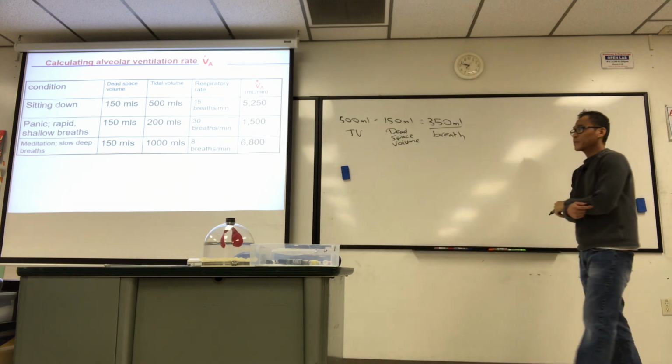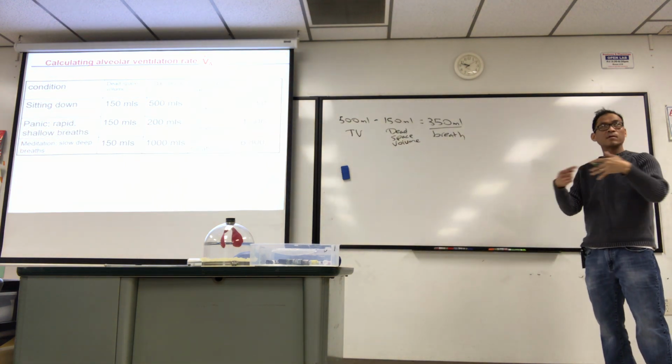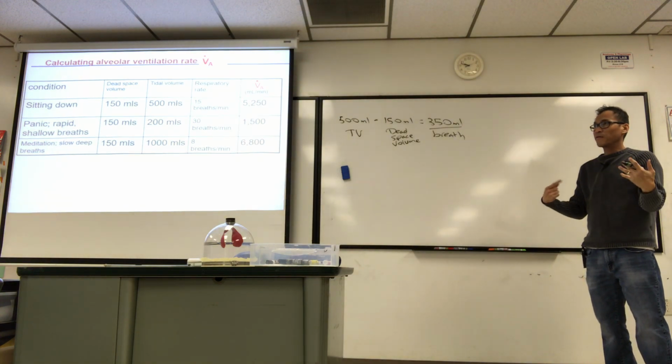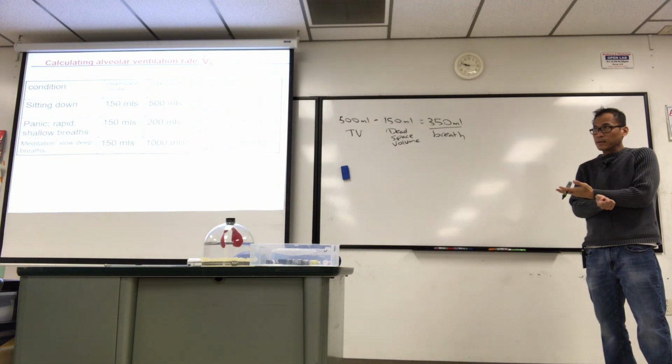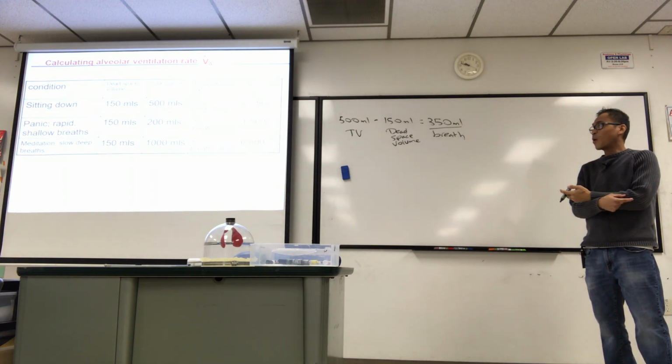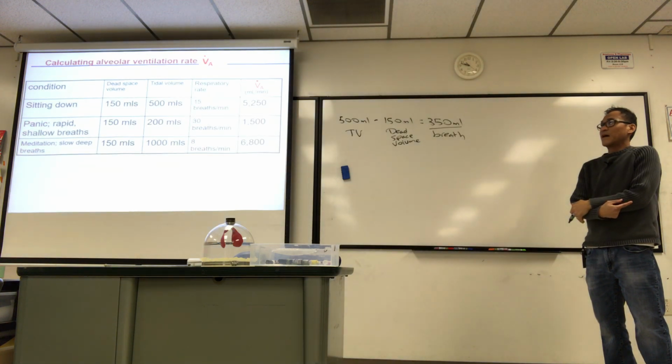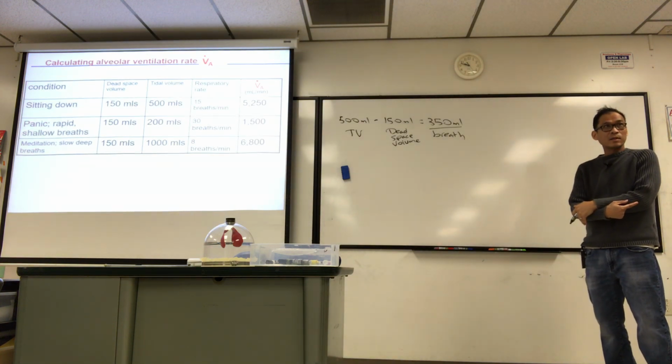Tidal volume, like the tide going in and out every day. It's just like normal quiet breathing. You don't think about it. You just breathe in and out every day. A normal quiet breath is something like 500 ml. Now, when we do it in lab, we usually measure. It's difficult to breathe.